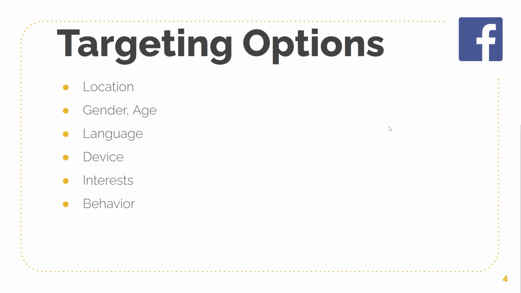Gender and age, basic targeting. Language, device, you can target by desktop view, by computer view. Interests and behaviors. These are really great options on Facebook because they have a lot of them and they actually track a lot of data from users.